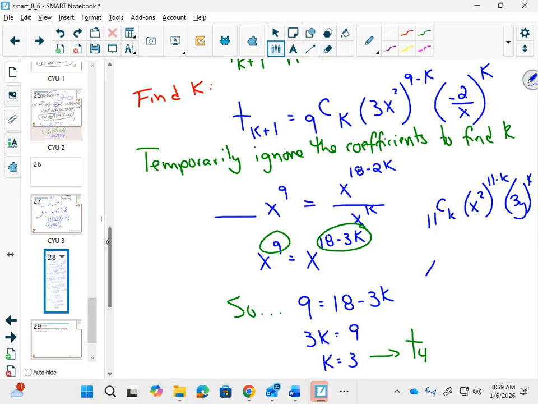Okay? I'll give you another one you can do right away. It has an x to the 12. What's k? 5. Because the only way you would get an x to the 12 is if this was a 6, right? And the only way 11 minus k would be 6 is if k was 5.